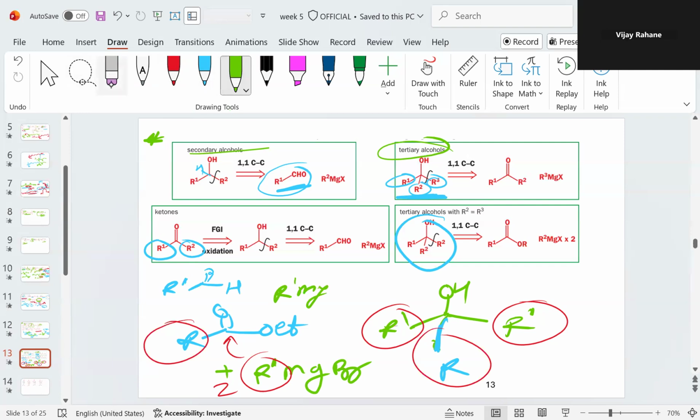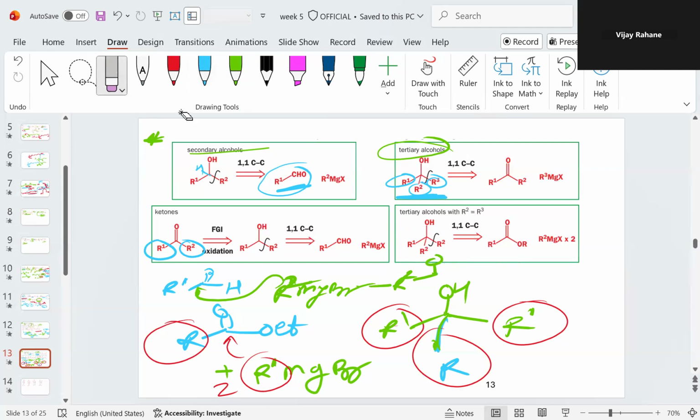This R dash is already there. So this can be R double dash, let's say, or the R2 MgBr. This gives the alcohol, that is R2OH, along with the original R dash, which was from the aldehyde. So this is what we get.